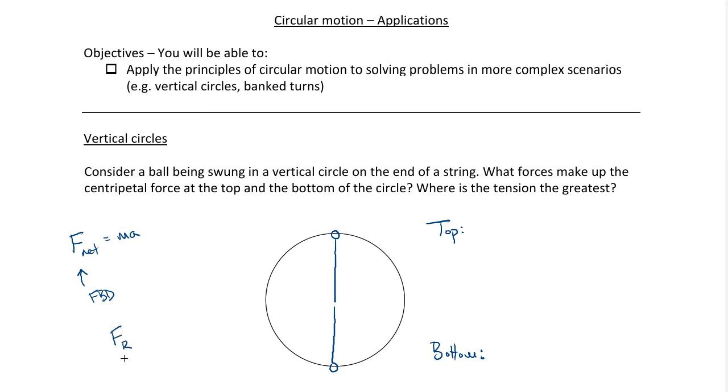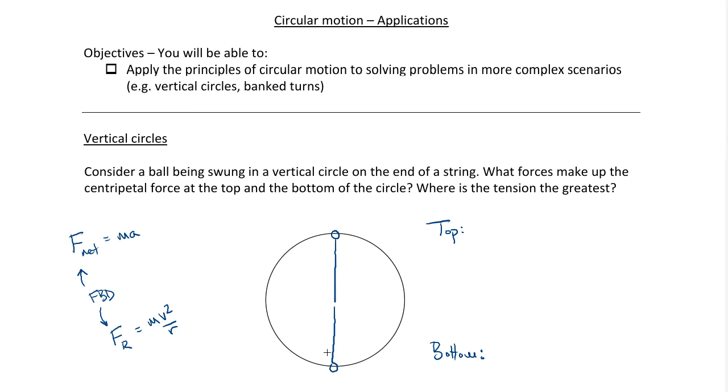We're finding the net force in the in direction, or pointed towards the center of the circle, and that's going to be equal to the mass times the centripetal acceleration, which is v squared over r. So we're going to follow the same kind of procedure as we have in non-circular motion type questions. We just need to recognize that this is now our F net pointing towards the center of the circle, and this is mass times acceleration.